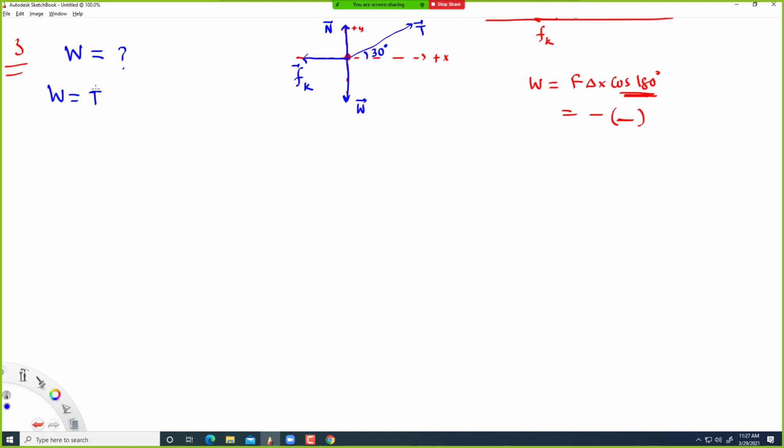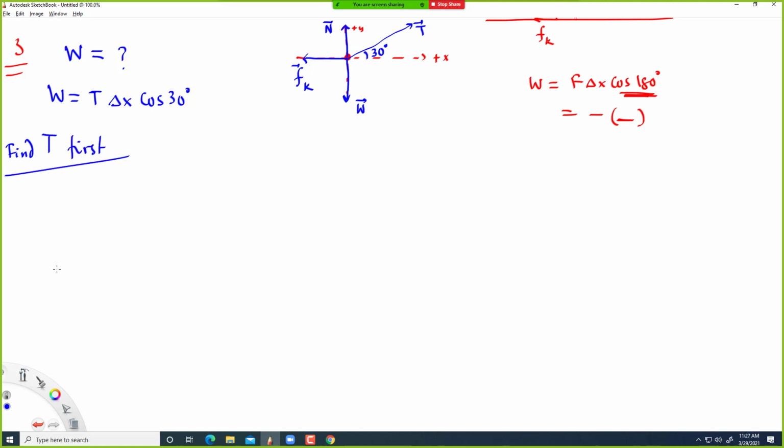That means the work done by the tension, because the person is applying force through the tension of this string or through the rope. So T times displacement is delta x cosine 30 degrees. Okay, so that's what we want to find. But the question doesn't give us tension. So first we need to find tension. So find T first.